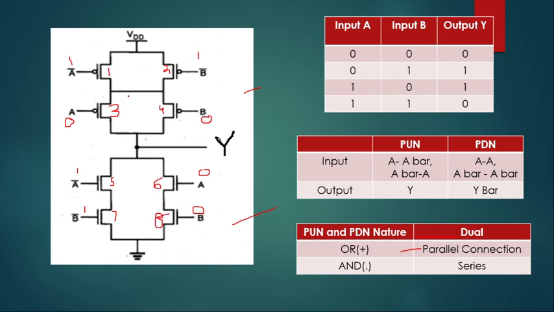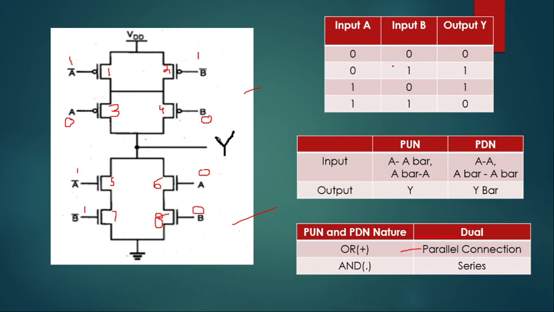So if you see the transistor numbers, which one will be on? 5 and 6 will be on, because they have input as 1, and 6, 8 will be off, and transistors 3 and 4 will be on. But there is no point because they are in series connection, so all of them should be on. So here, because 5 and 7 are on, Y will be connected to ground, therefore Y will be 0.